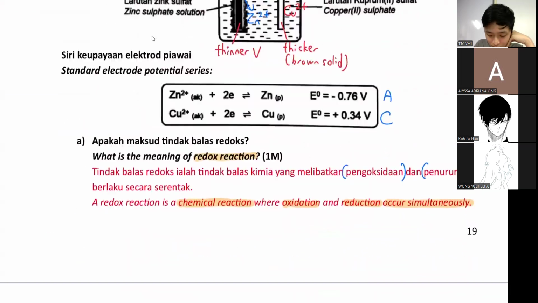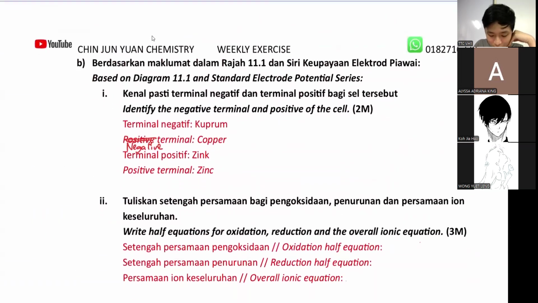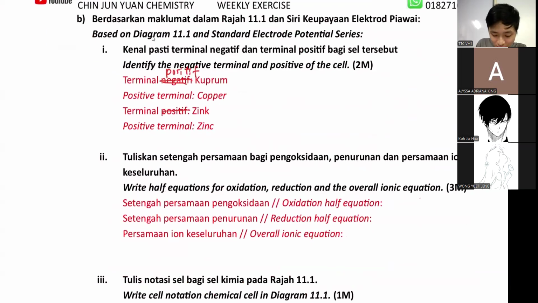I think I'm terbalik. Okay, I think the answer is, yeah, the negative terminal is zinc. So sorry. Later I will correct the PDF and send it again, maybe for those who are not attending the class. So the negative terminal is zinc.